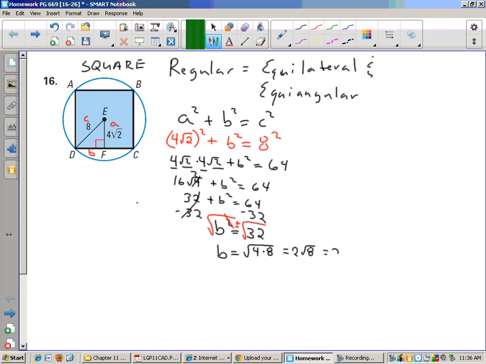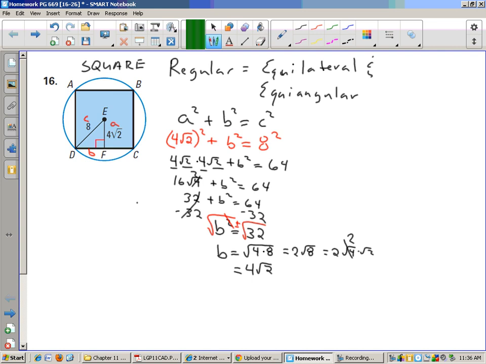So that's 2 root 4 times root 2. So I can take the square root of 4. What's the square root of 4? It is 2 as well. Okay. So this is 2 times 2 times root 2, 4 root 2.